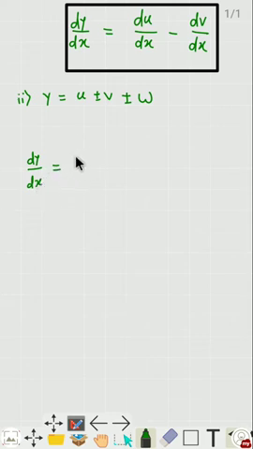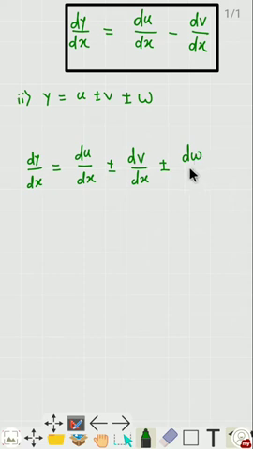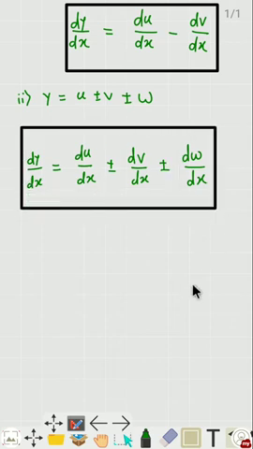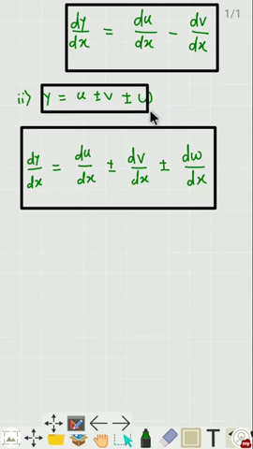Then it is also derivative of u with respect to x plus or minus derivative of v with respect to x plus or minus derivative of w with respect to x. Okay, so this is if our function y is addition of three functions.